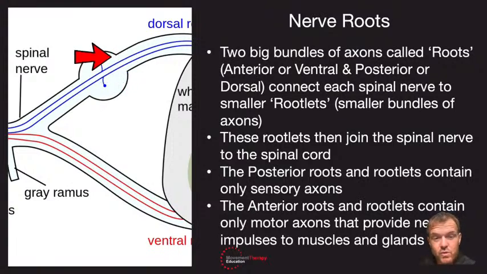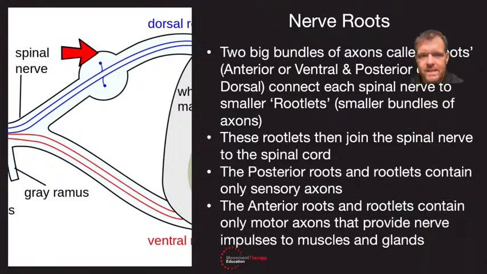So the dorsal root ganglion is often referred to as the DRG. Okay, so you might have seen that in certain books and stuff. So this area here is just a bigger collection of sensory nerves, and there'll be a lot of transference of information around that particular area.